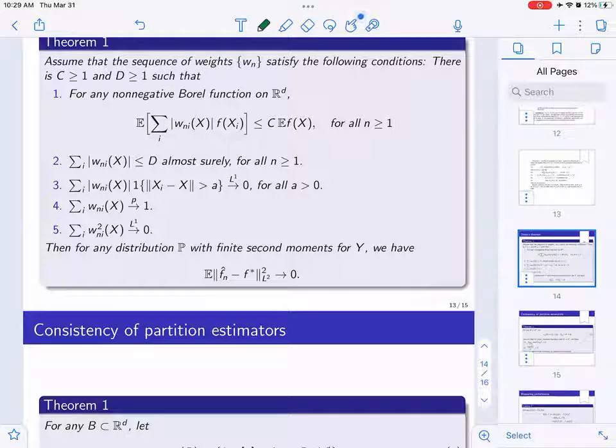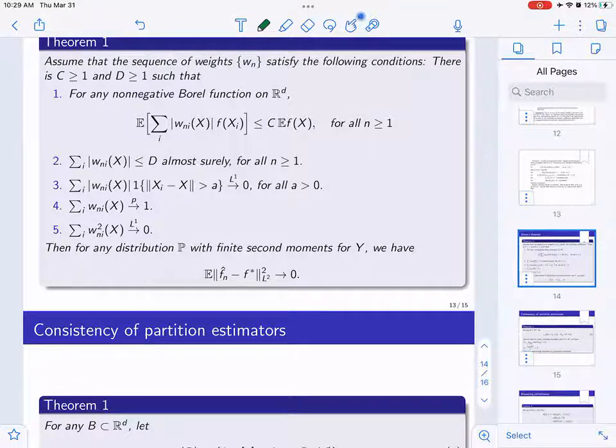And hopefully if you go through the proof, you can see that this is not needed, say, if the original F is continuous and the space is compact. This condition is just used to reduce the problem to the case where the regression function is continuous with compact support.